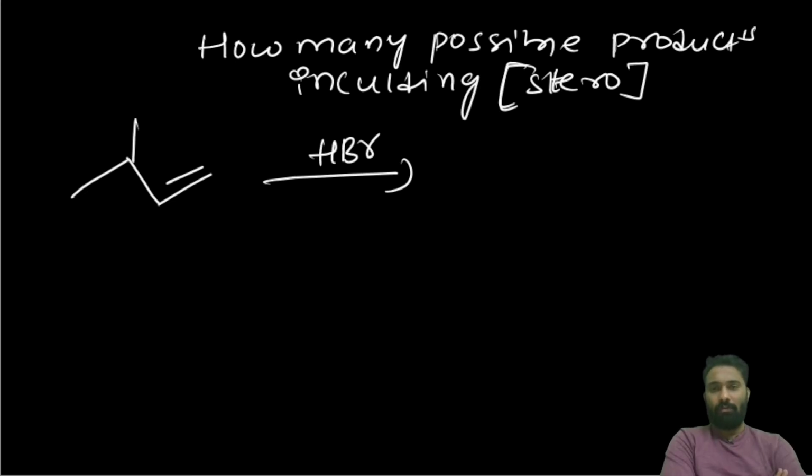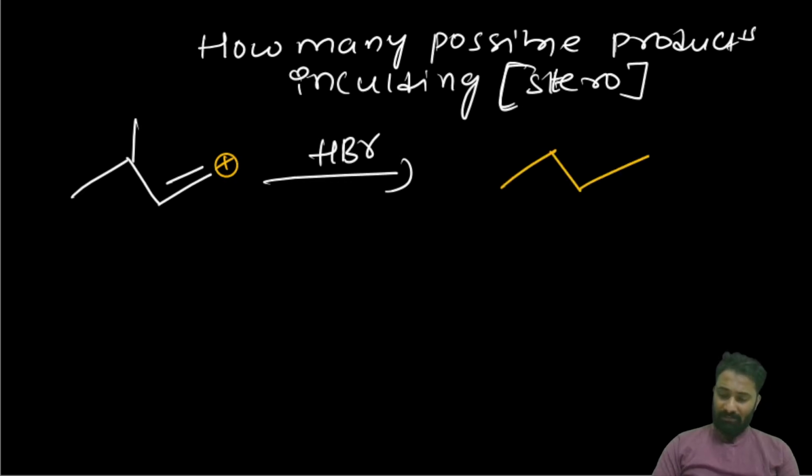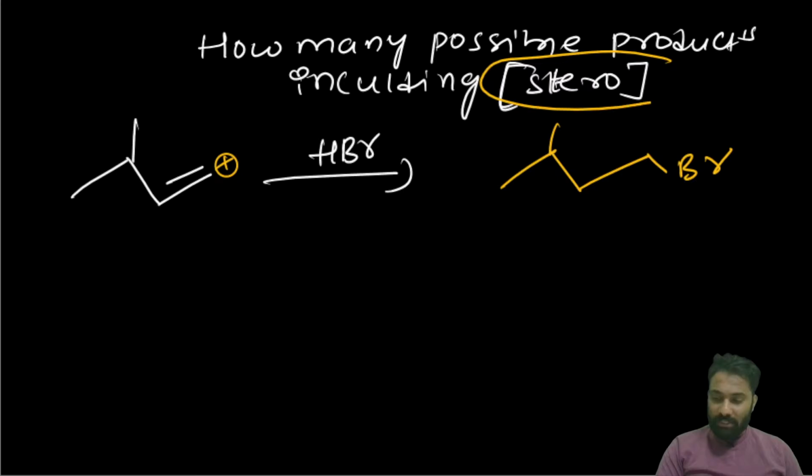4 is the answer. Why? Because first one product, here the carbocation will get formed. When we get the carbocation, that's why I said including stereo. Now one product we will get here. Second one, the carbocation we will get here.